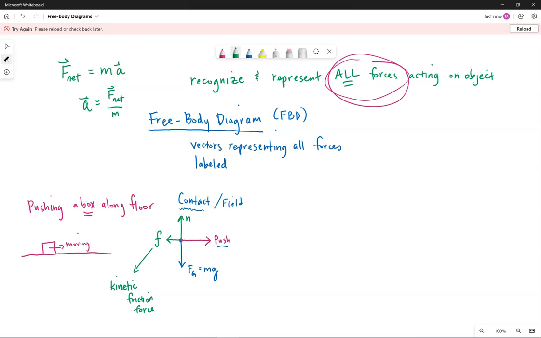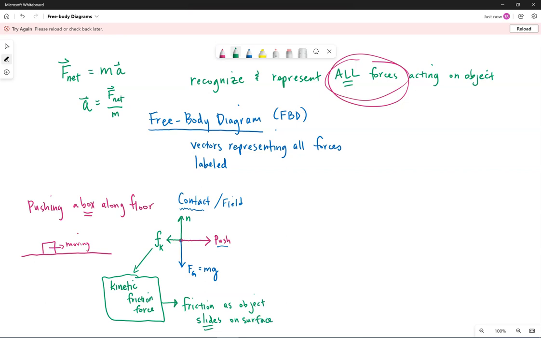We will often put a subscript. So in this case, a subscript of K to represent this kinetic friction. What we mean by kinetic friction is the friction as the object slides on the surface.